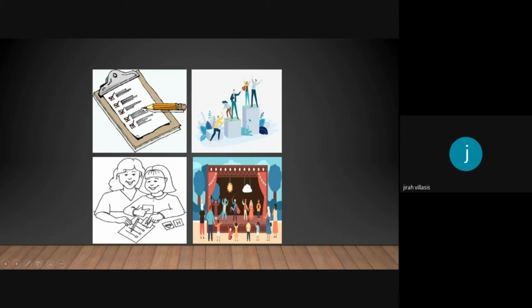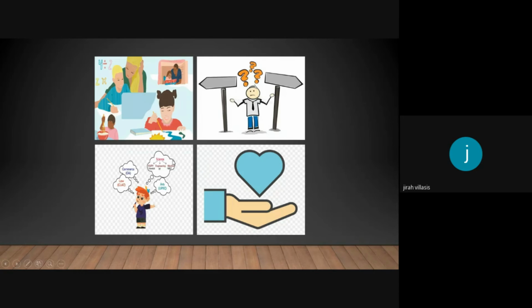Now, can you go to the next slide and guess, Charles, what is indicated in the next picture? Guidance? Guidance or guiding? Okay, it's provide guidance.